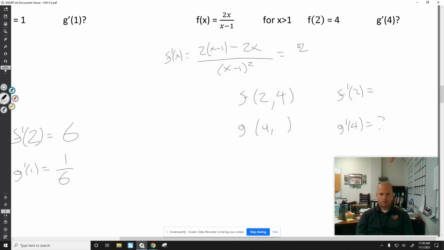Maybe simplify. 2x minus 2 minus 2x over x minus 1 squared. Gives me negative 2 over x minus 1 squared. F prime of 2 is negative 2. Plug in 2. 2 minus 1, 1 squared. Negative 2. It means g prime of 4 is negative a half. There you go.